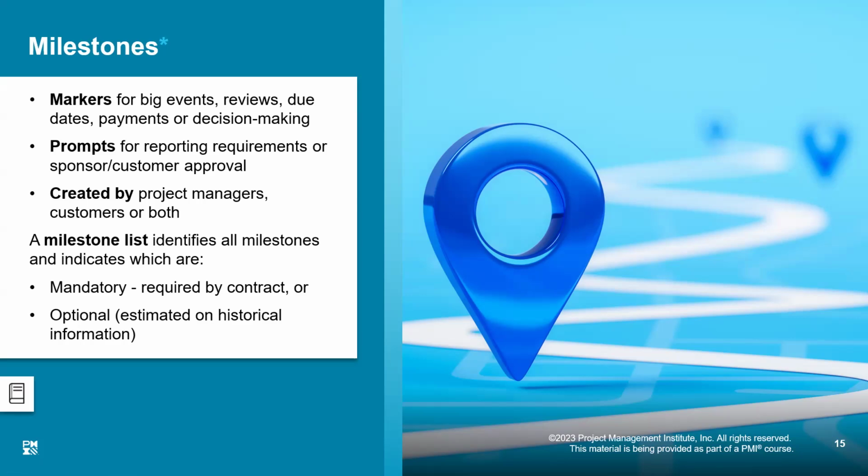Some of the milestones are mandatory and others are optional. The mandatory ones are those mandated by the contract, like when we determine in Agile that we will be working in a cycle of 2 weeks.